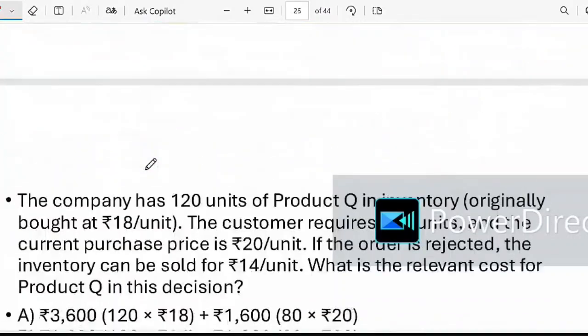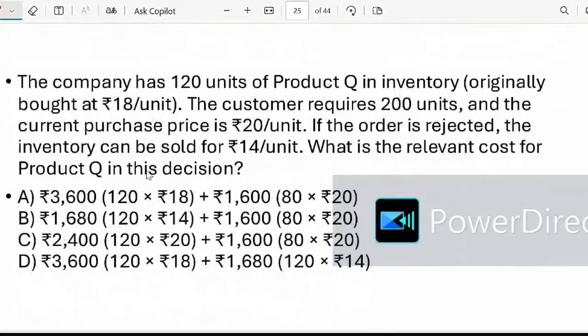Now let's look at the question. Let's look at product Q. The company has 120 units of product Q in the inventory, right? But the customer needs 200 units.